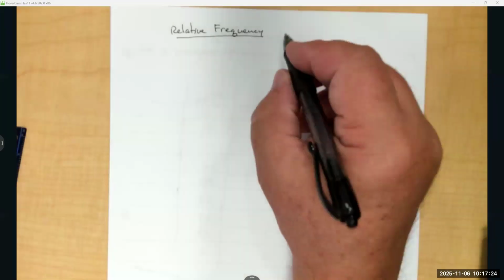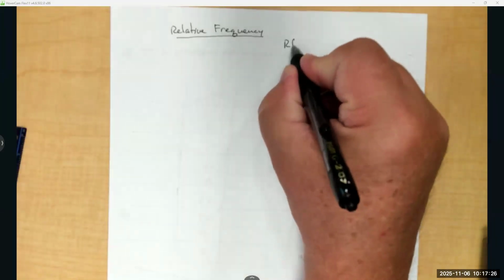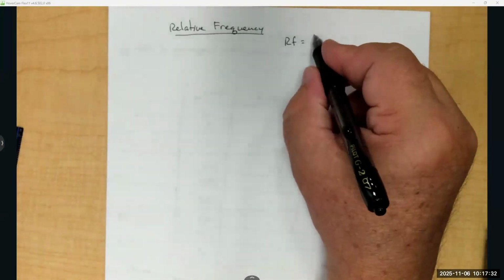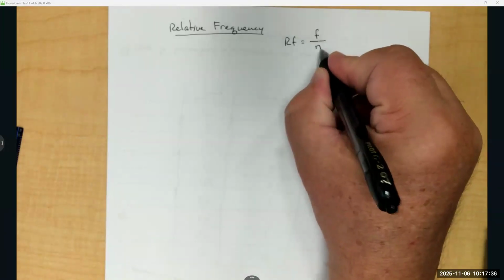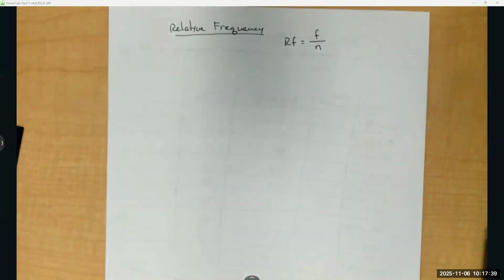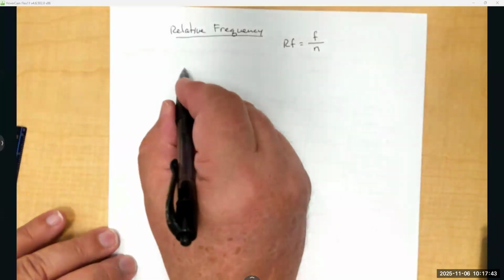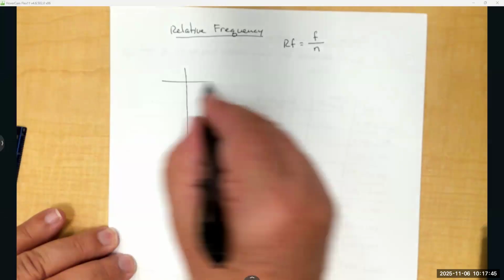That's why it's called relative frequency. It's in relative comparison to everything else. What's the formula for relative frequency? Each individual frequency divided by n.